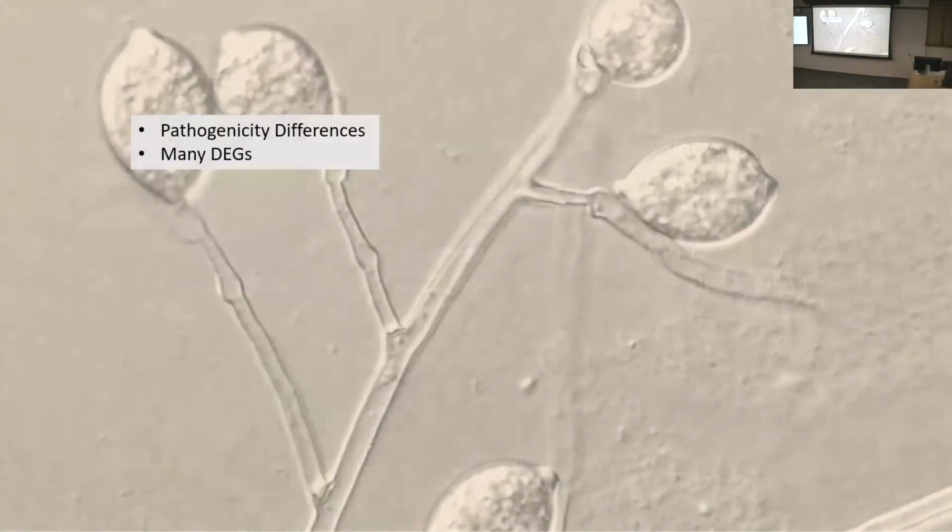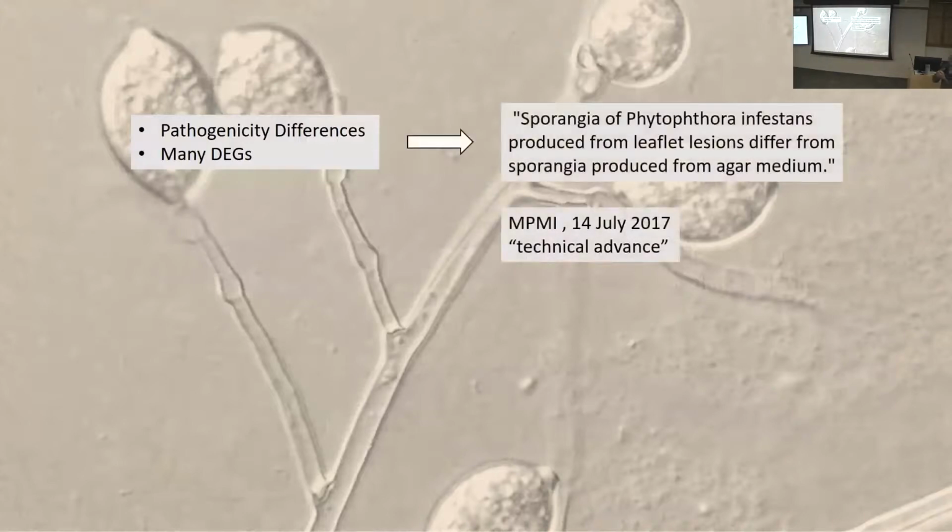So we had these pathogenicity differences, which I think were really solid. We had these many DEGs. And so we submitted a paper to MPMI as a technical advance, because I think it's important for people to know the phenotypic characteristics of the organism that they're working on.